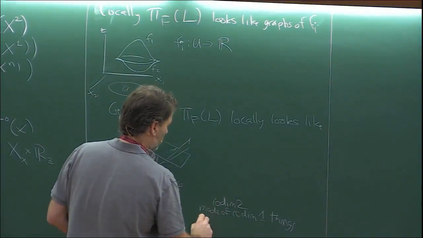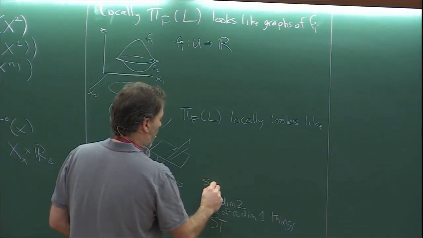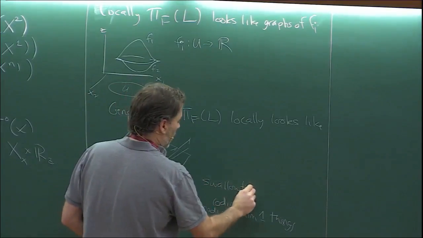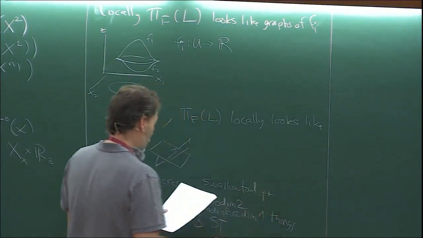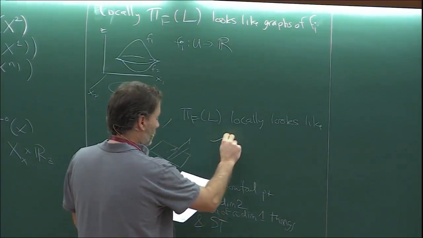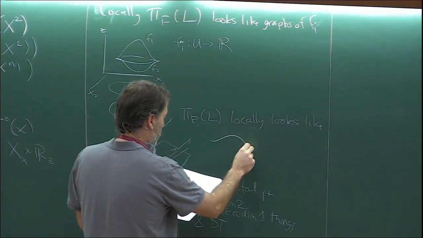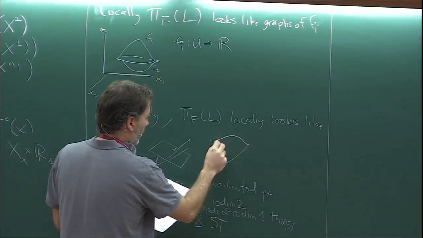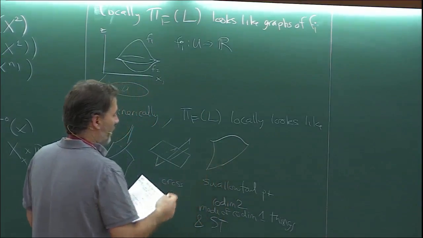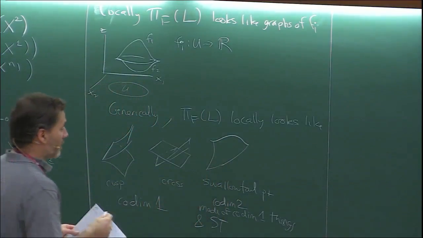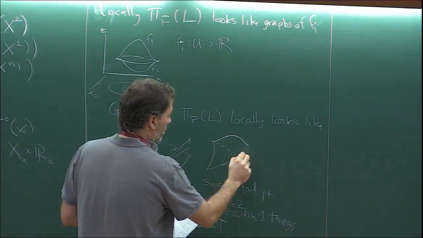A swallowtail point looks something like this. It involves 2 cusps and a crossing coming all together.